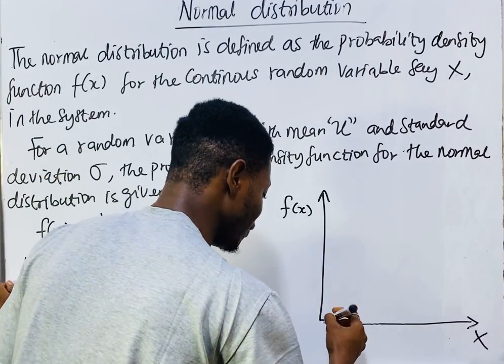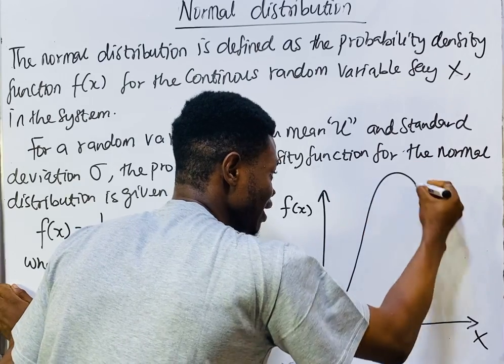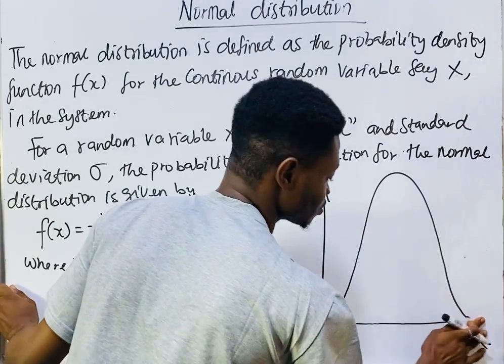In this normal random variable, we have a bell shape like this.